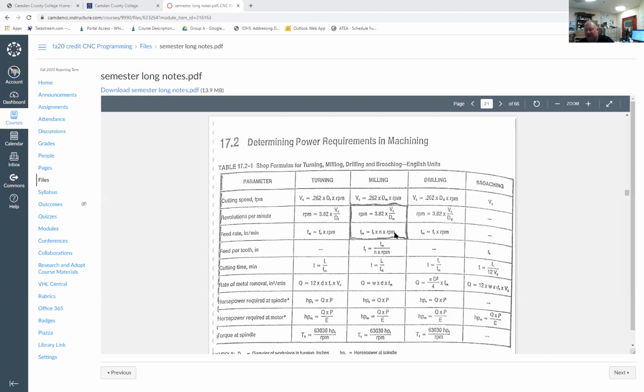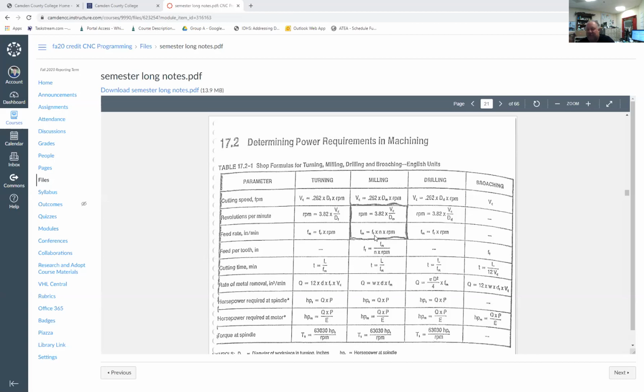And it's very easy to do. You have to know what tool you're using to know how many cutting edges you have. So you'll solve for RPM, you have it. You know what cutter you're using. It's either going to be a 2-flute tool, a 4-flute tool, or a 6-flute tool, something like that. Number of cutting edges is the key.